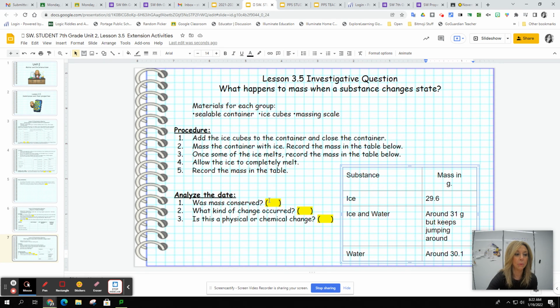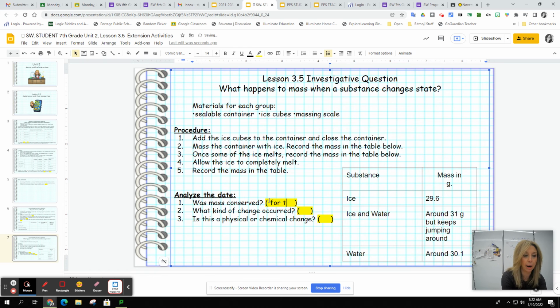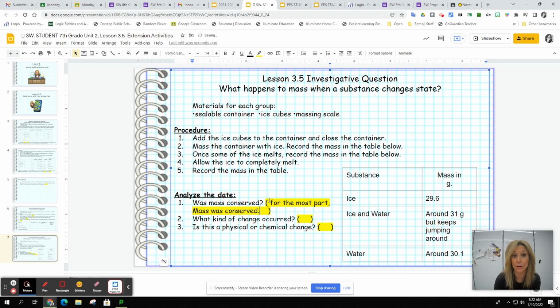Okay? So we're going to say, for the most part, mass was conserved. So it's not a super easy yes or no here, but we would lean more towards yes. That mass was conserved.